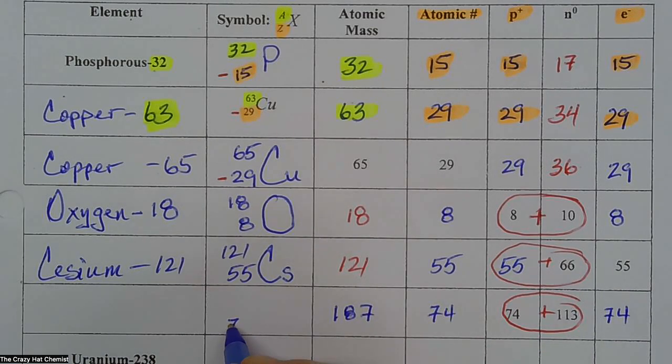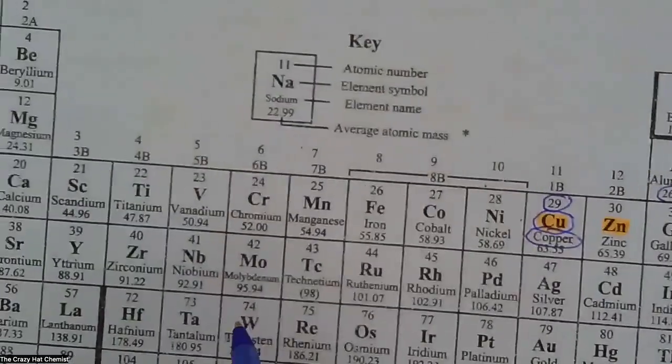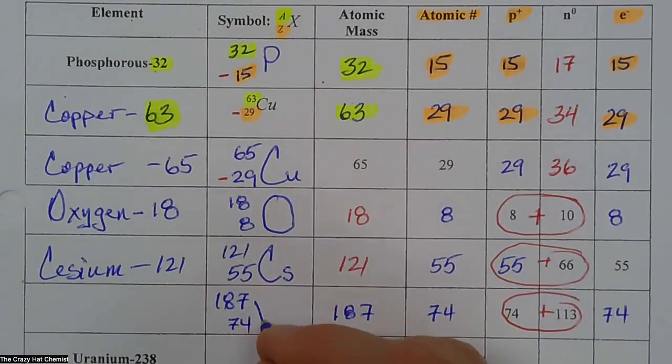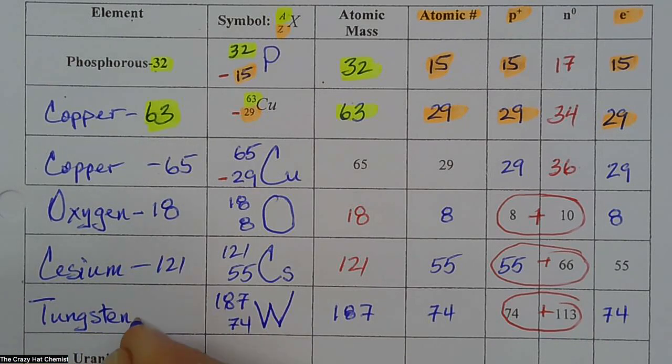And so I have 74 for the Z and 187 for the A. So I'm going to look up 74 on my periodic table, and that is right here, 74. That's W for tungsten. All right, so that's a W. And that's tungsten, tungsten dash 187. Perfect. I've completed that section.